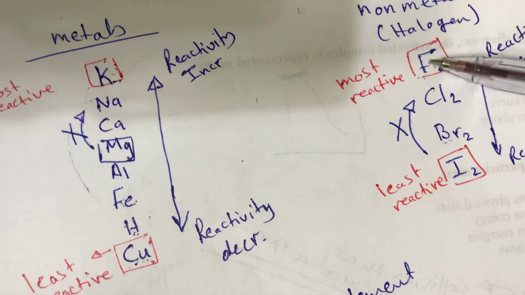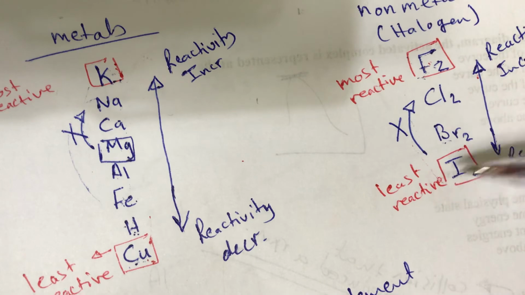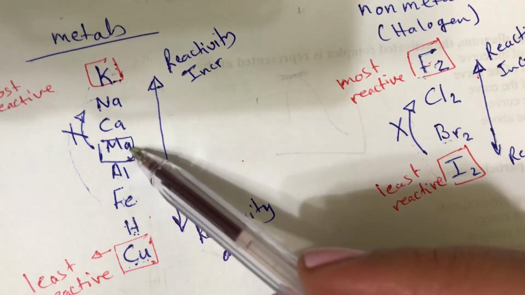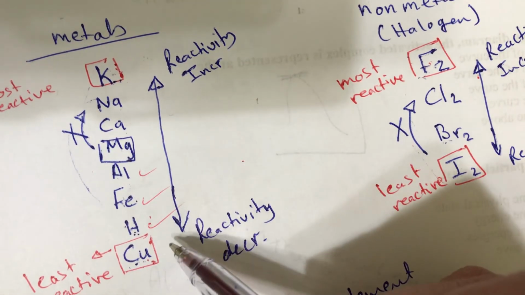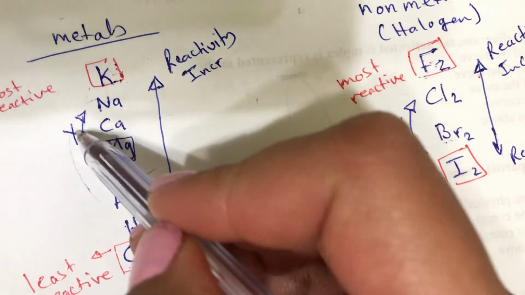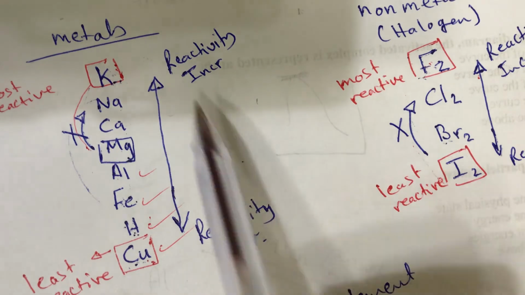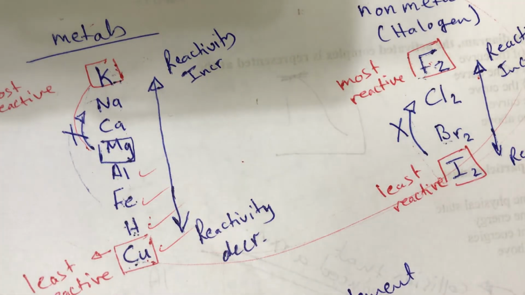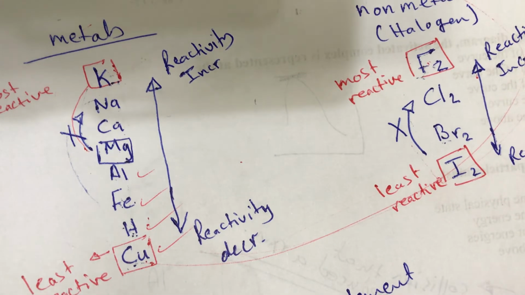And here the most reactive halogen can replace all halogens below it. For example, magnesium can replace aluminum, iron, hydrogen in water or acid, and copper, but can't replace any element above it. So you have to use this series to predict whether a single displacement reaction occurs or not.